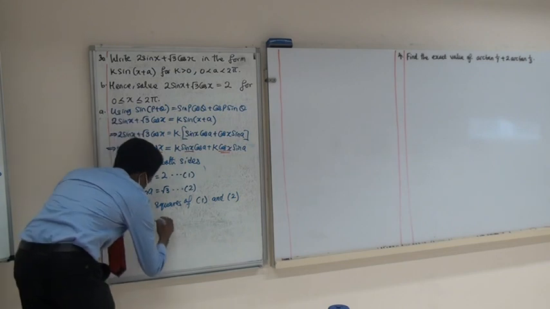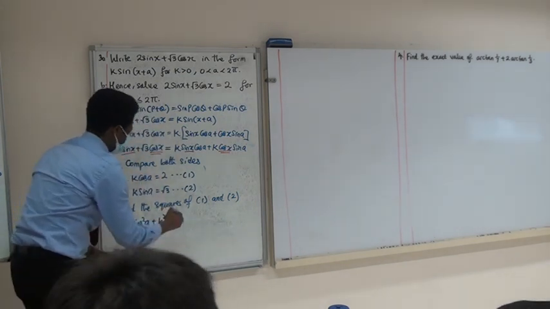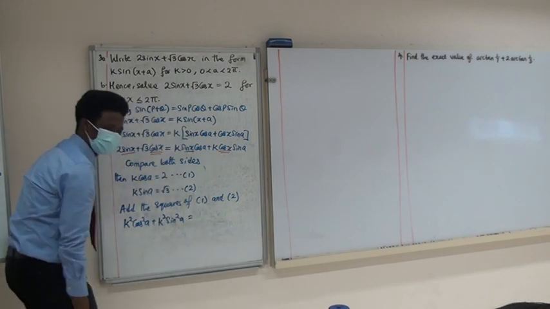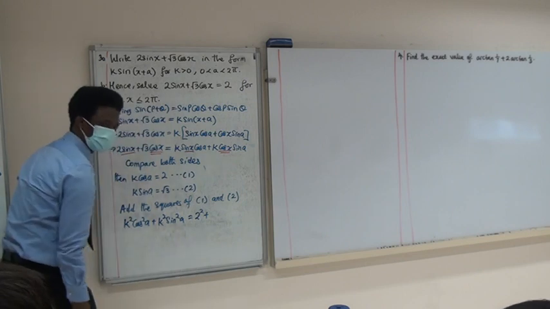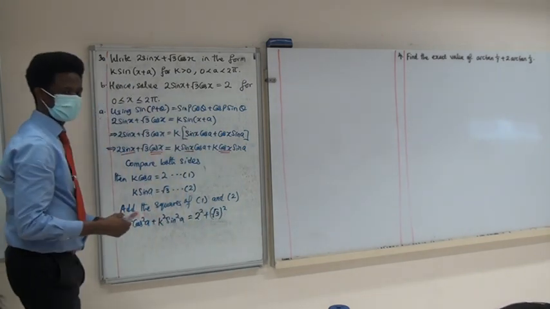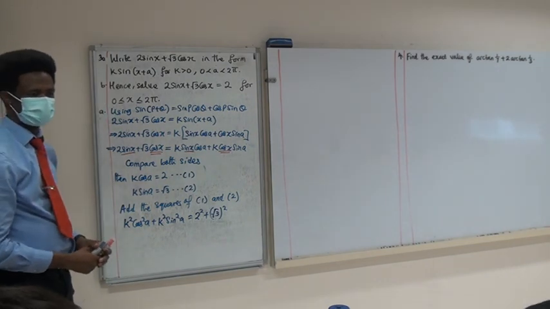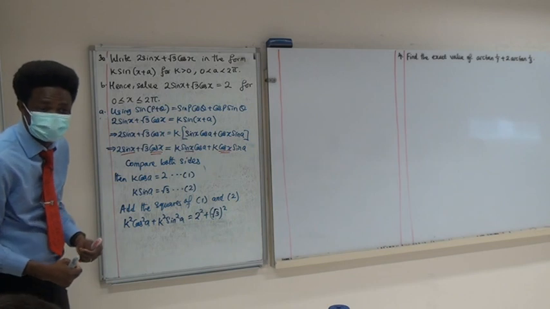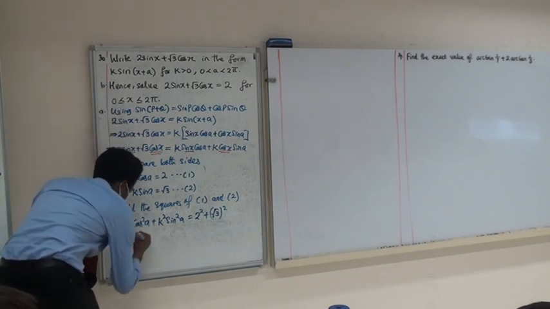The second one also, k squared sine squared a. You are adding now. Then the other side will be 2 squared plus root 3 squared. So we're squaring and adding, because then we can eliminate one of the variables. So that will be k squared.